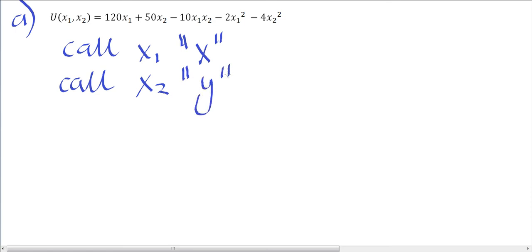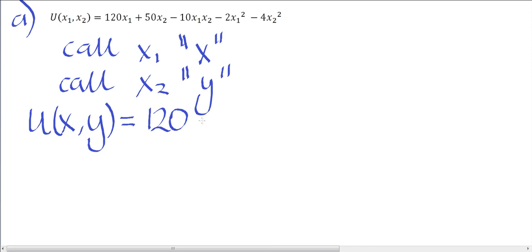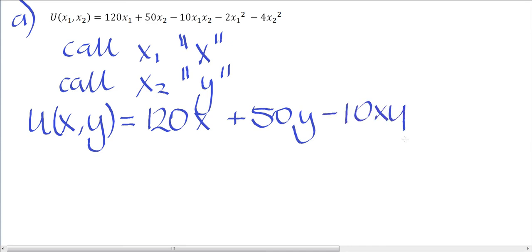Now, let's rewrite the equation. So we'll have u of x, y equals 120x, but I'm calling that x, plus 50y, where I'm calling x2 y. I'm just going to replace the x1 and the x2 by x and y.